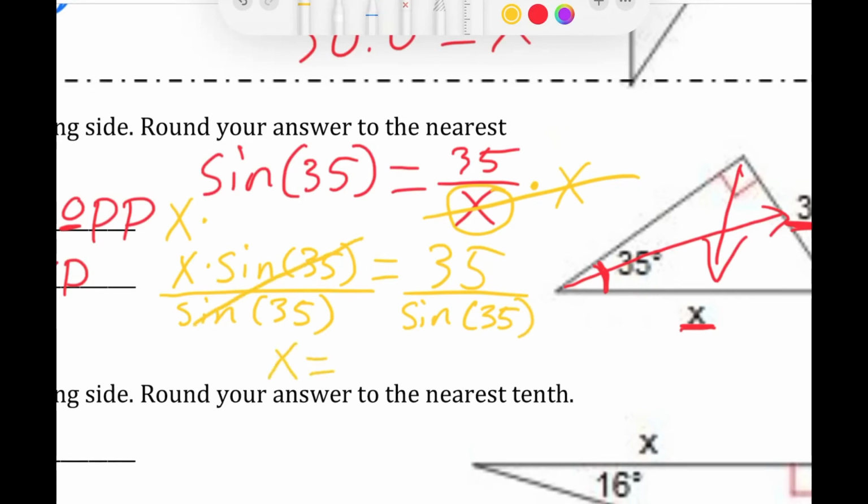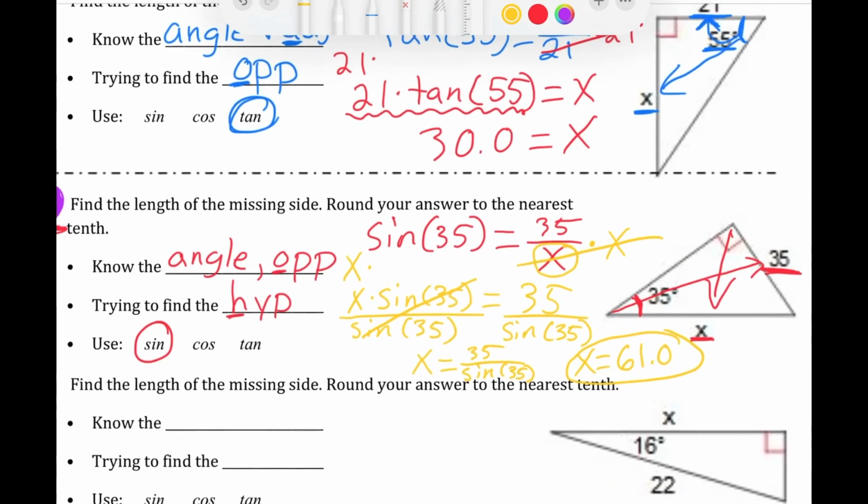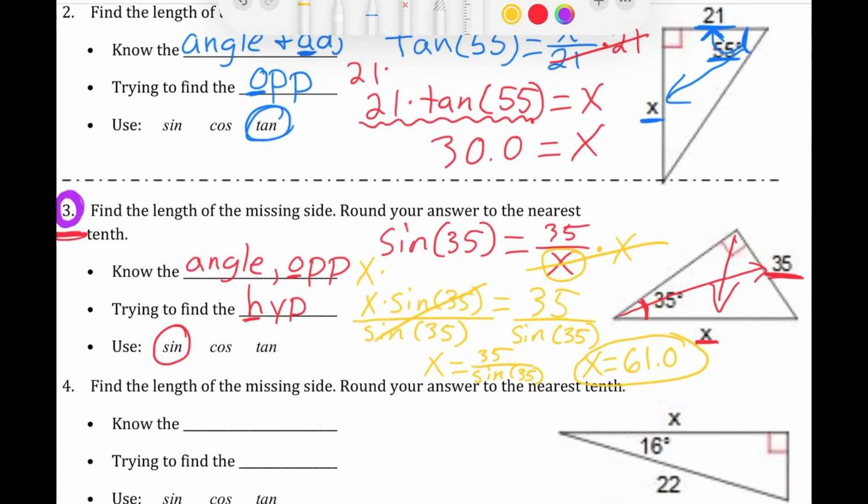So we get x equals 35 over sine of 35. We're going to put all of that into the calculator and get our answer of 61.0. So there is our number 3.